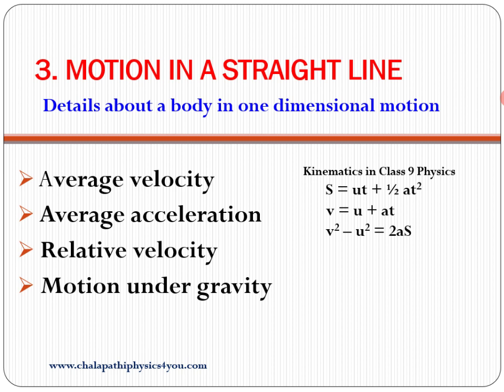These details we simply call kinematics. Here a is nothing but acceleration. For example, instead of acceleration, if you say acceleration due to gravity, then the formula will turn like this. Those details we are going to learn. In lower classes the formulas are given directly, but in this syllabus there will be derivations for these equations.